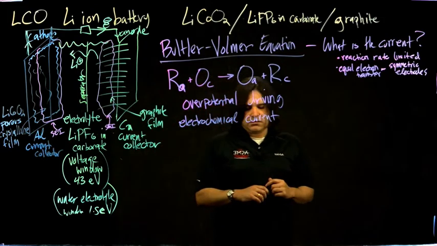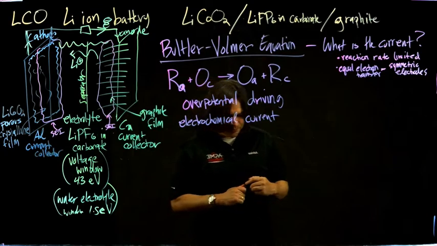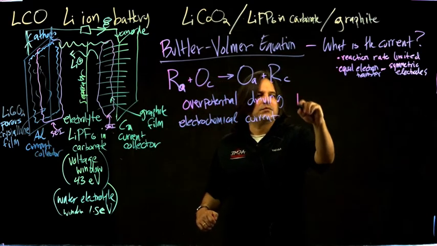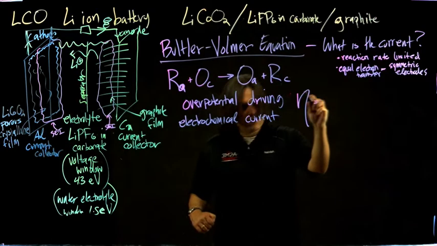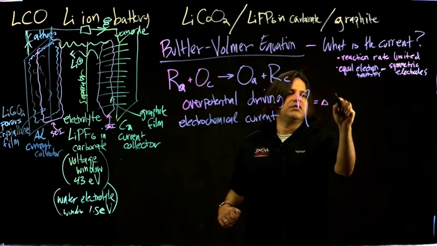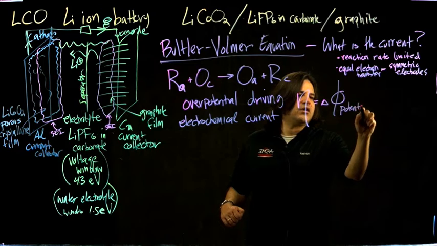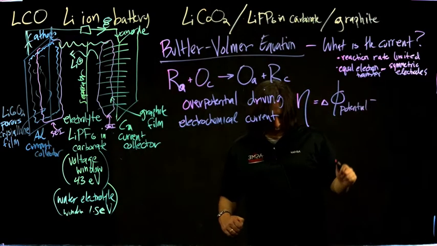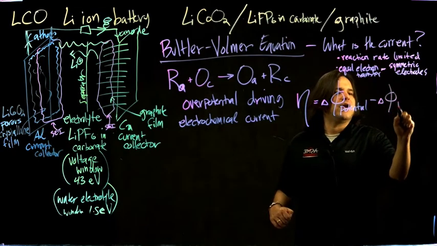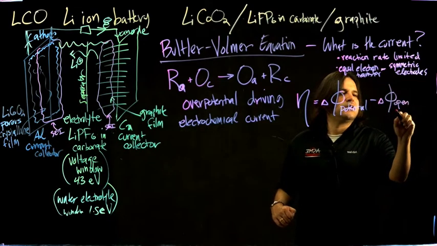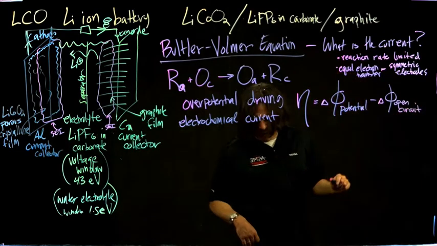So the current that results in that process depends on this so-called overpotential eta, which is related to the actual potential of your cell, the voltage you're reading across, minus the equilibrium potential, determined by the identity and the concentrations of the anode and cathode.